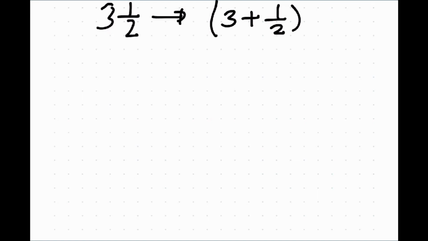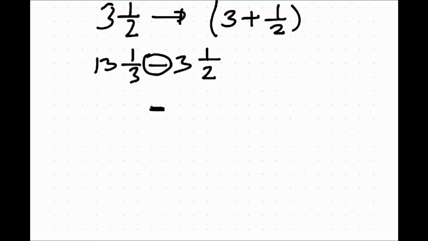So in this example, since we have 13 and 1/3 minus 3 and 1/2, may minus tayo sa tabi ni 3 and 1/2. So, ibig sabihin, yung minus natin nasa labas ng parenthesis ng 3 plus 1/2.